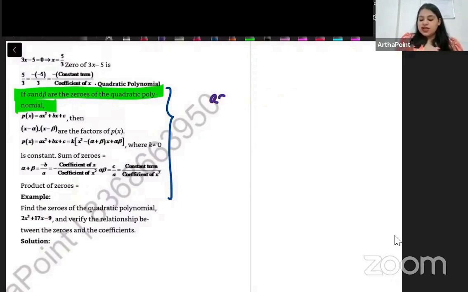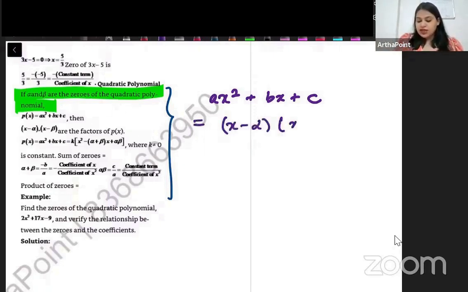My equation is ax square plus bx plus c. This is your polynomial. When we factorized this polynomial, like we did right now, we got x minus alpha, x minus beta.